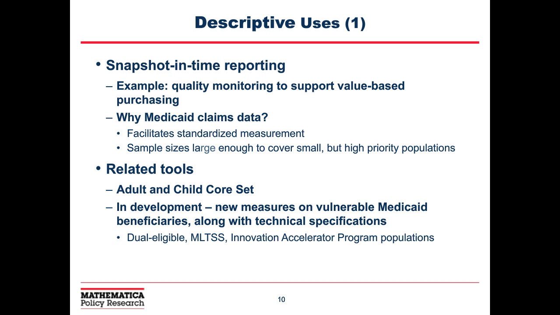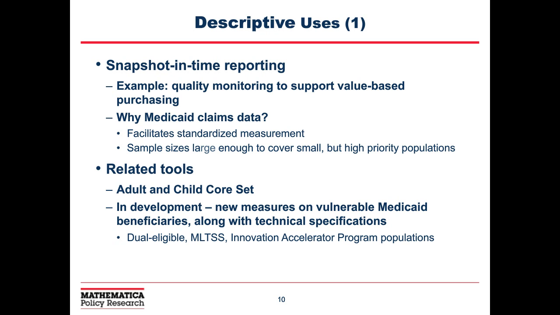So a variety of technical assistance tools in the form of standardized technical specifications, or tech specs, have grown up around supporting 2 key associated tasks with descriptive research. So the first is actually creating your outcome or quality measure, and the second is identifying your study population of interest.